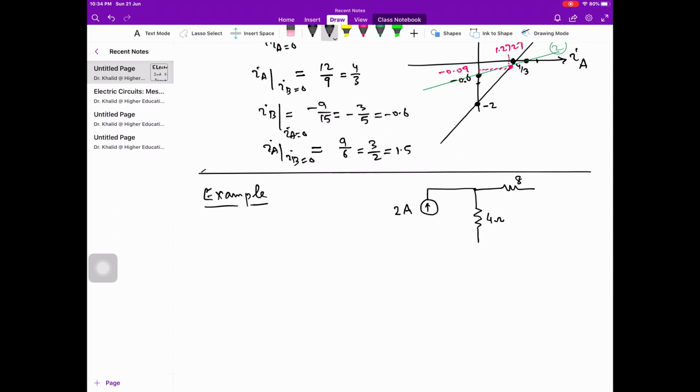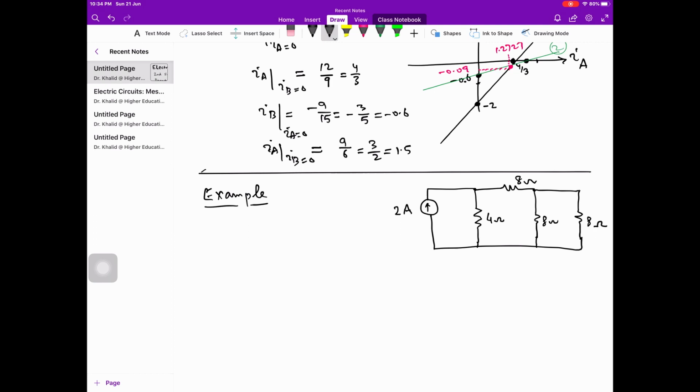This is 8 ohm, and again this is 8 ohm. If you remember, I used the same example in my lecture on node analysis, so you can correlate the results using node analysis and mesh current analysis.